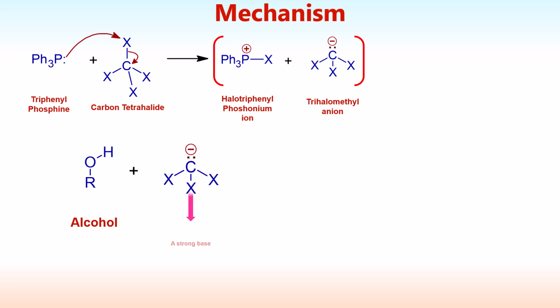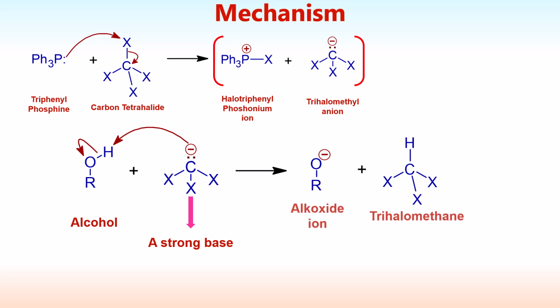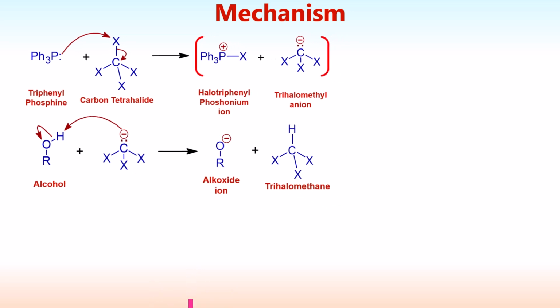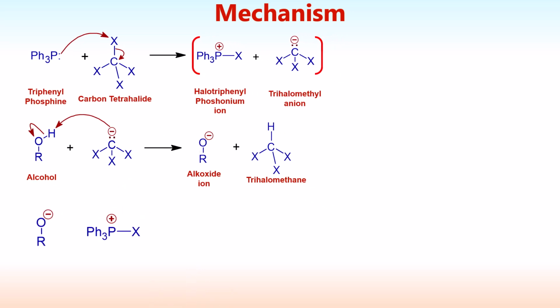The trihalomethyl anion CX3- is a strong base, and hence it abstracts a proton from the alcohol, leading to the formation of an alkoxide ion and trihalomethane CHX3. The alkoxide ion then attacks the halotriphenylphosphonium ion, displacing the halide ion.